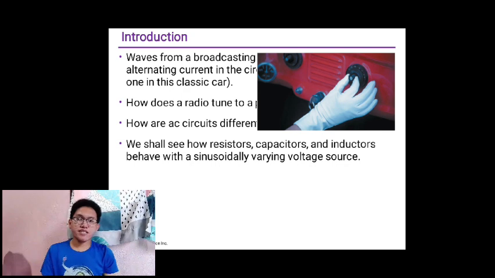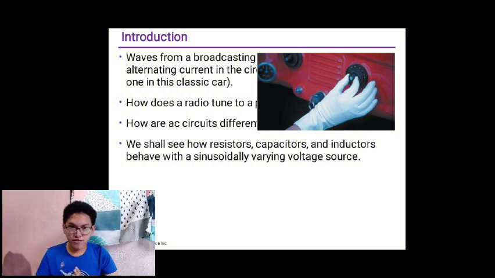Introduction to alternating current. An important real-world example of alternating current is found in radios, or those radio appliances that involve radio waves. These waves coming from a broadcasting station produce an alternating current in a radio circuit.